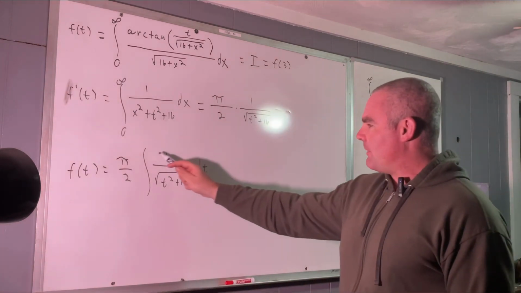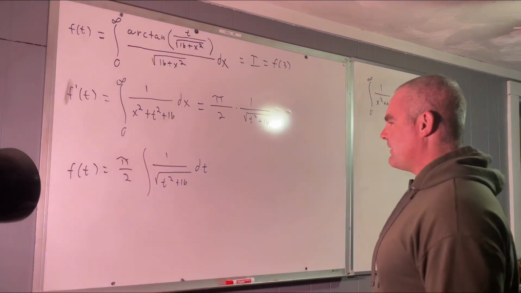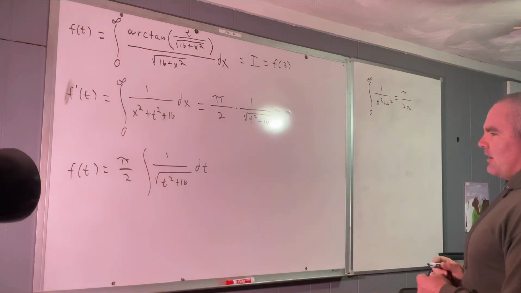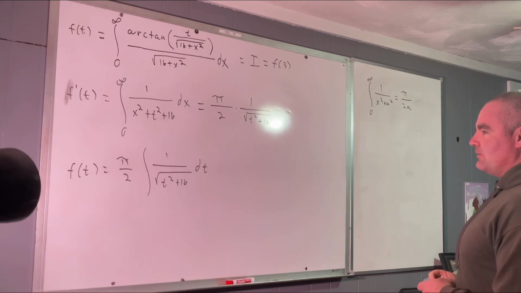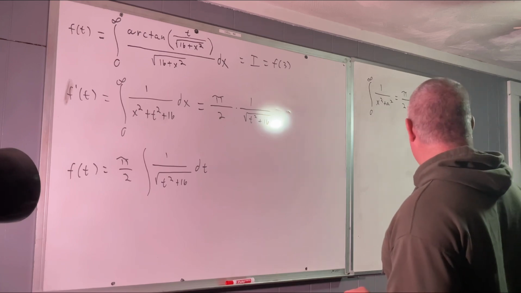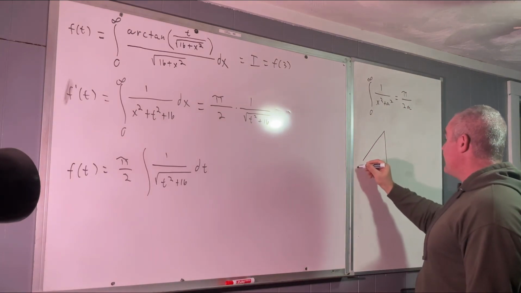Now I don't remember, this is an integral that I believe you're a lot of times required to memorize. I don't remember what that evaluates to off the top of my head, so let's go over here and make a triangle, and we'll just figure it out.